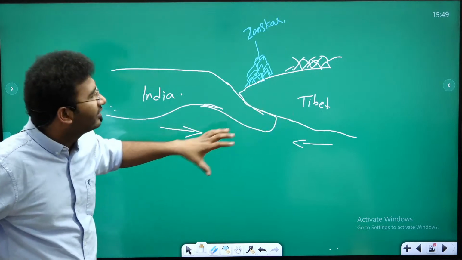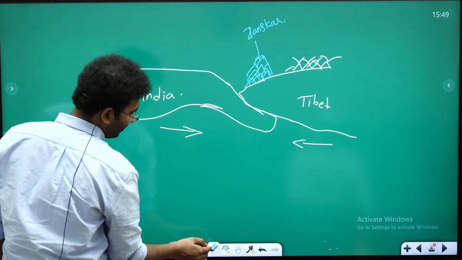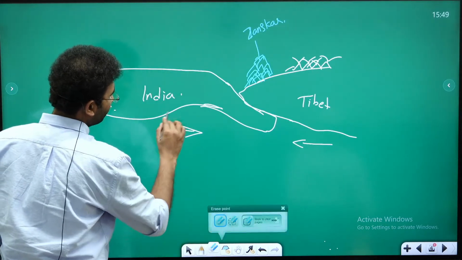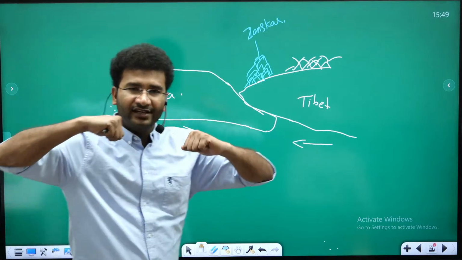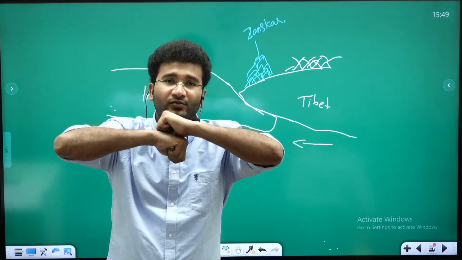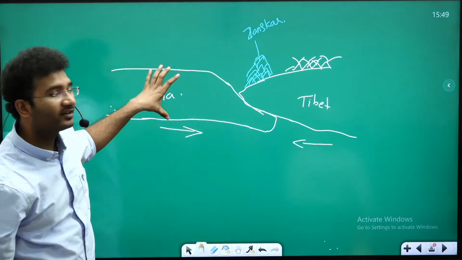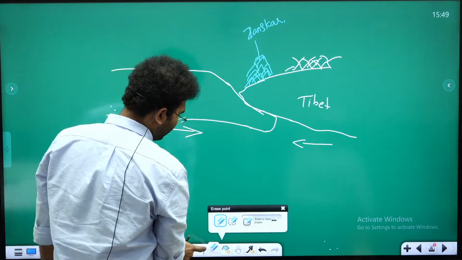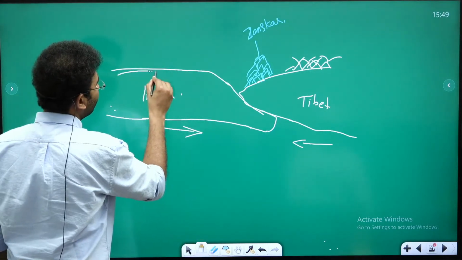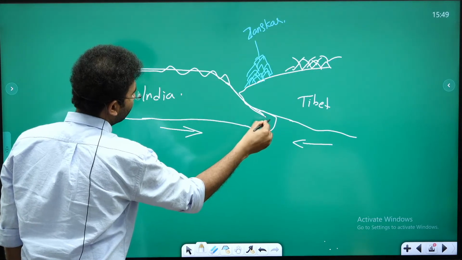But look here, from now on, this is your Indian plate. This Indian plate went under the Chinese plate, and then it is moving like this. While it is moving, this plate got deformed. Deformed means, earlier this plate, it's getting folded. It's like this.